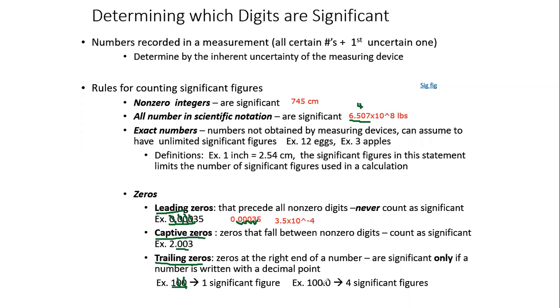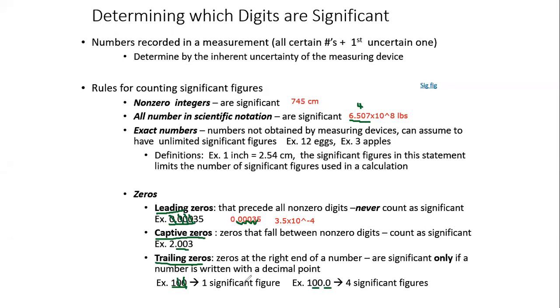However, if we do put a decimal point, say 100.0, now that we put this decimal point here, these zeros become significant. So therefore, we would have 4 significant figures. So trailing zeros are only significant when there's a decimal point put.